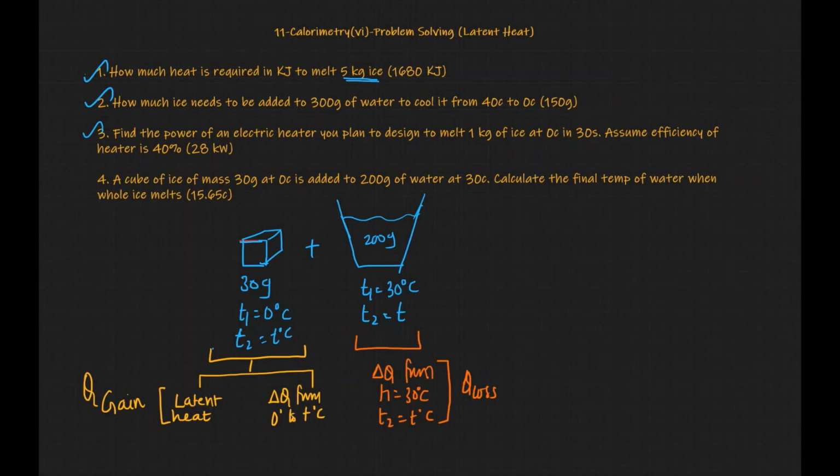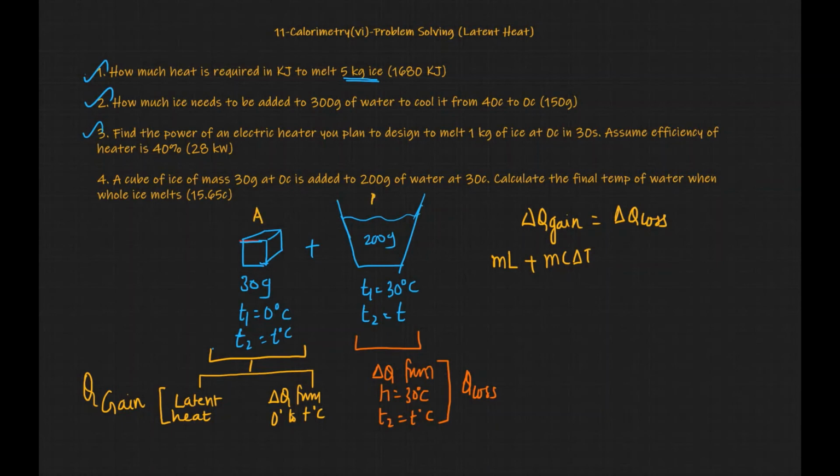Alright, so let's equate the delta Q gain equal to delta Q loss, and delta Q gain is M into L plus MC delta T. Let's first label this.